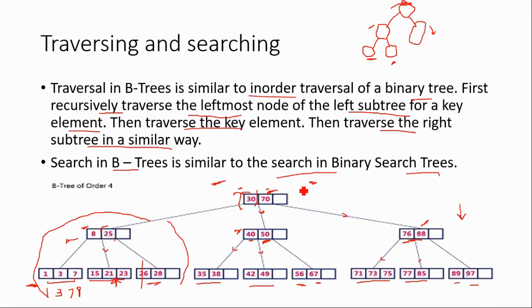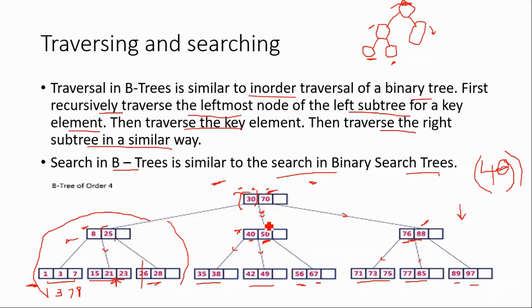So for example, if we want to find 49, we have to compare accordingly and find the subtree where we have to search. So first we compare with 30, it is lesser. After that we compare with 70, so it is greater. So in between there is a subtree and we have to go there. After this we have 40 and 50.